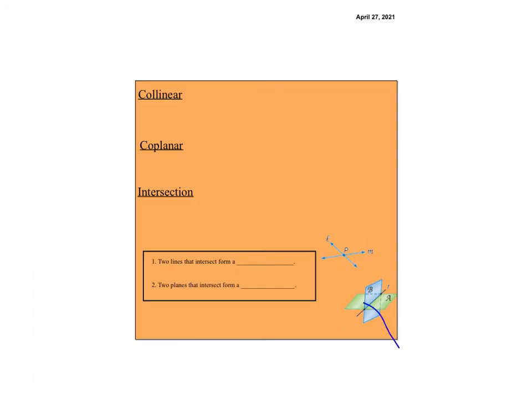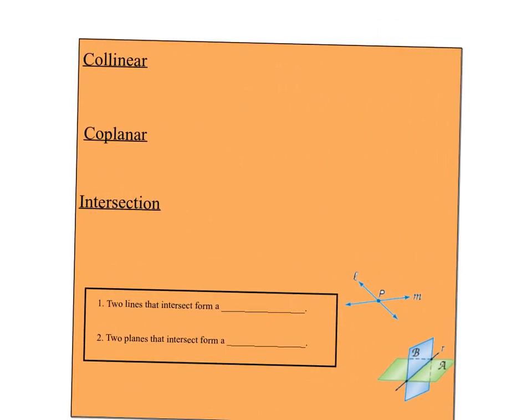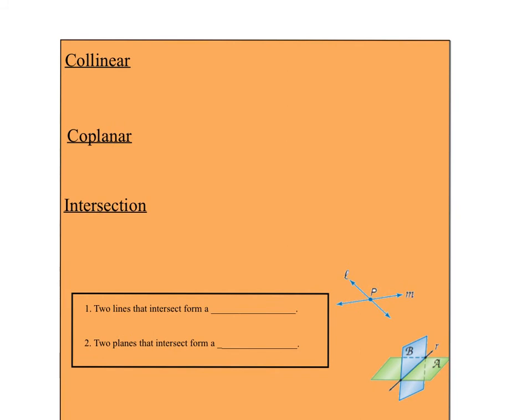A couple of terms to be familiar with. Okay, collinear. Collinear just simply means on the same line, and we are usually talking about points.